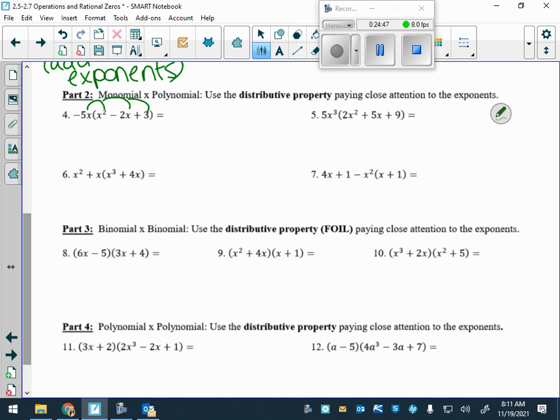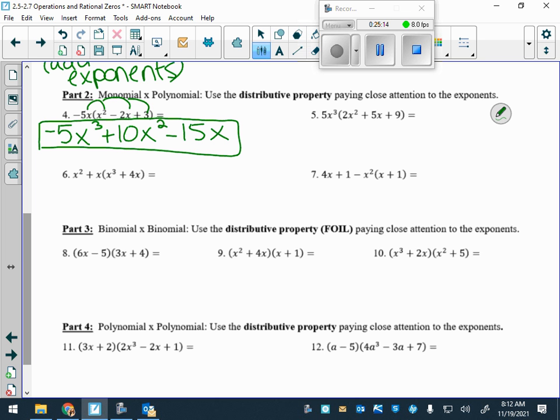Luce? Good. The negative 5x times negative 2x. Hannah? Plus 10x squared. Yep, because we have negative 5x. Then negative 5x times 3. Yep, negative 15x. Good. And that's how you leave it.